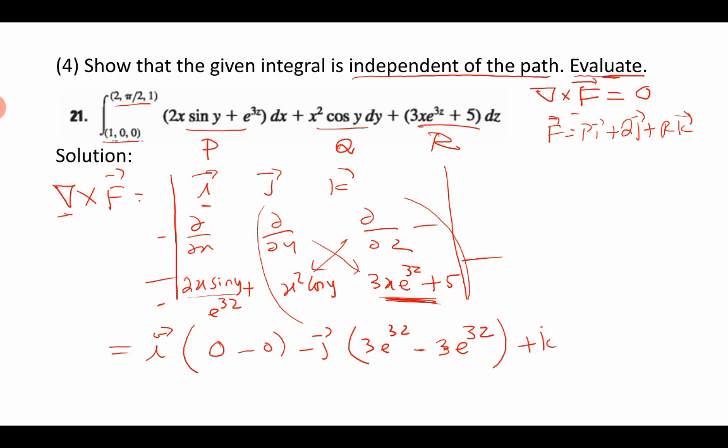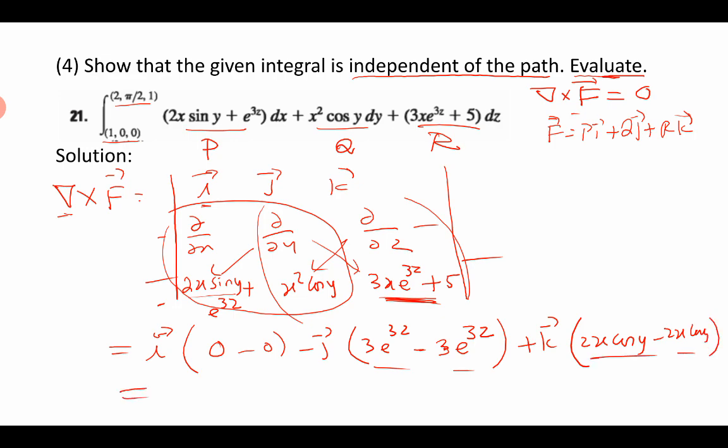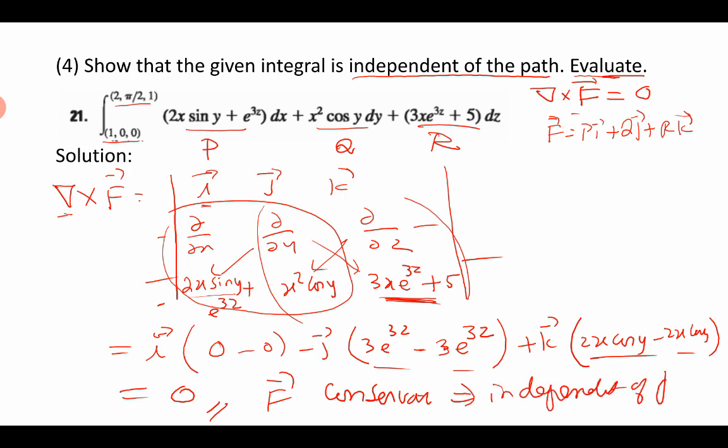Again this part will be 0. Plus k vector, the determinant of these 4 terms, there is x here, so 2x cosine y minus 2x cosine y, so everything is 0, same term. Del cross F is 0, F vector is conservative, therefore independent of path. First question is answered.